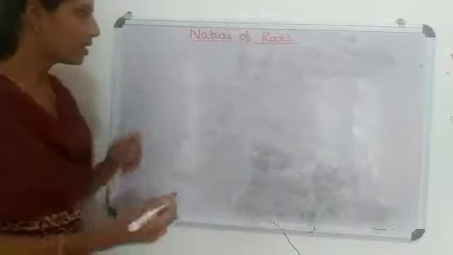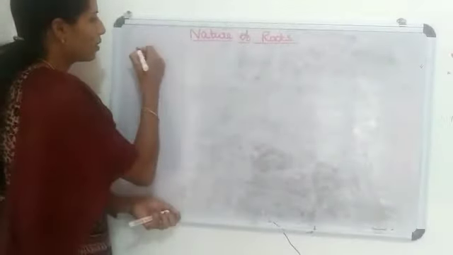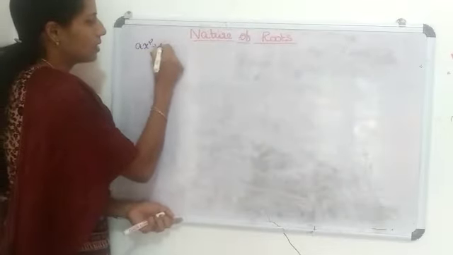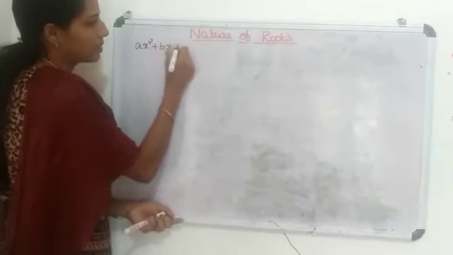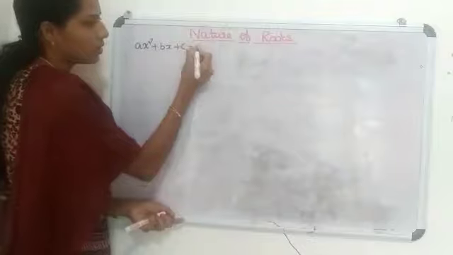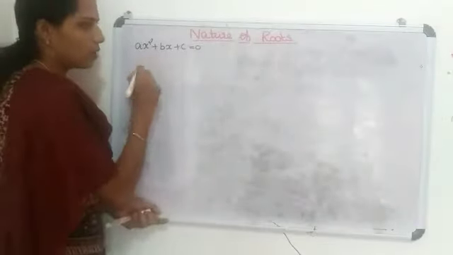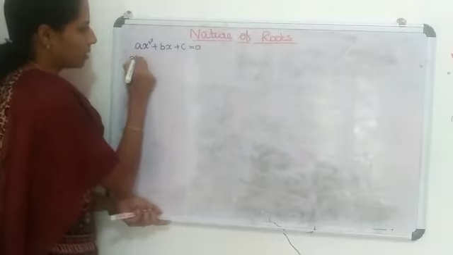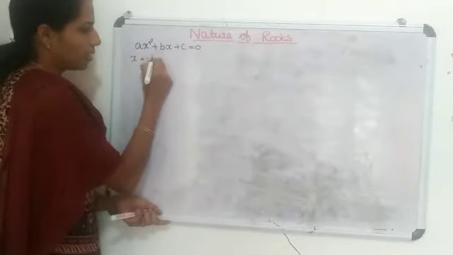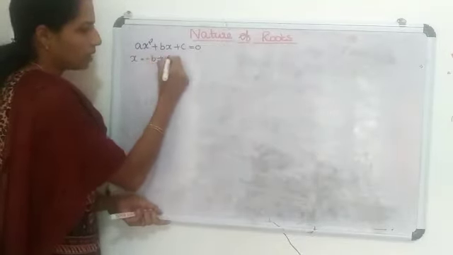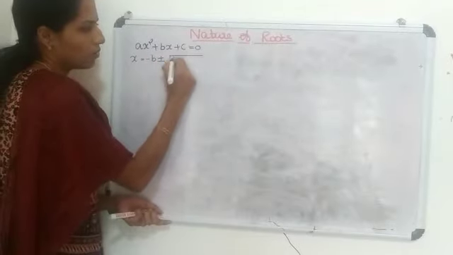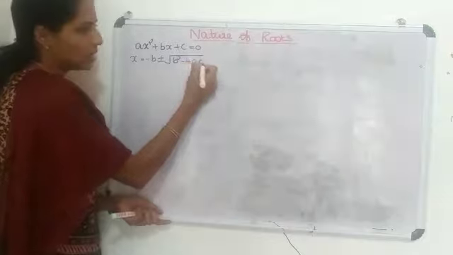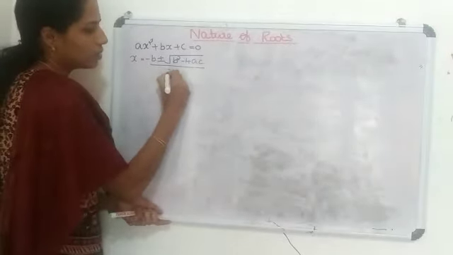What we learned last class: for any quadratic equation ax square plus bx plus c equal to 0, we find the roots by the quadratic formula, that is x equal to minus b plus or minus root of b square minus 4ac divided by 2a.